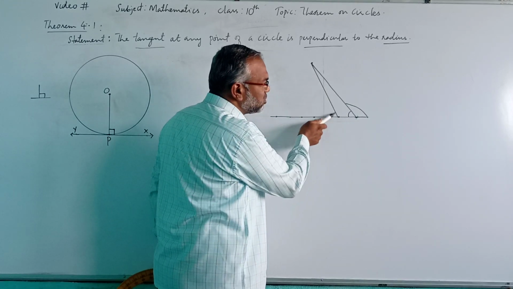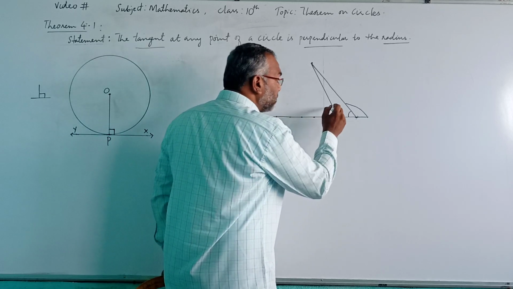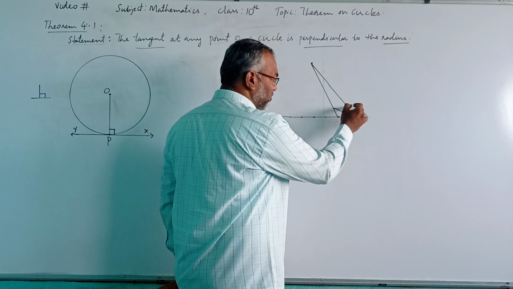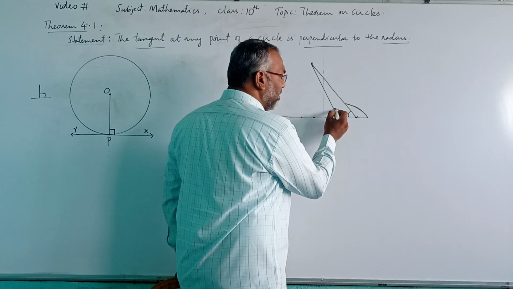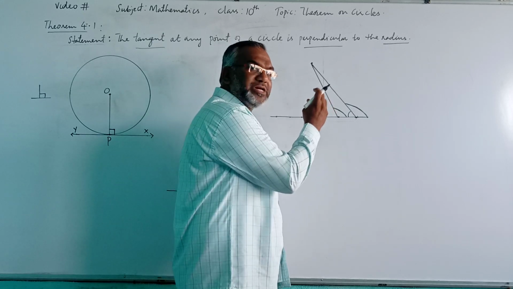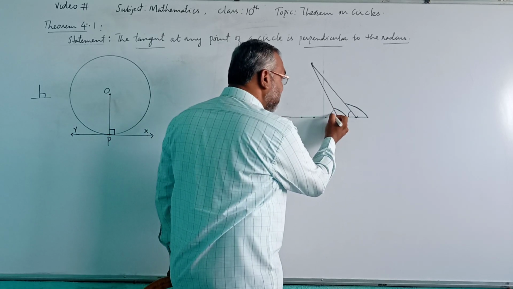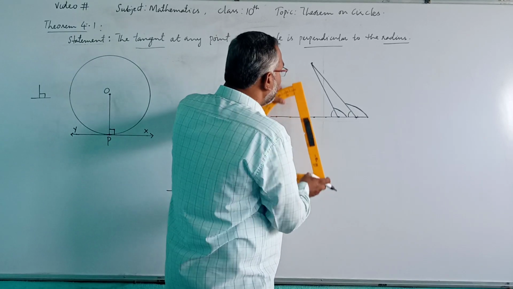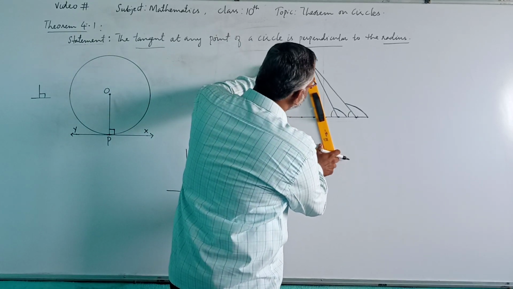This line is shorter and the angle is also decreasing here. This obtuse angle, the amount decreased, and this side acute angle is increasing. Now what if I join this with this?